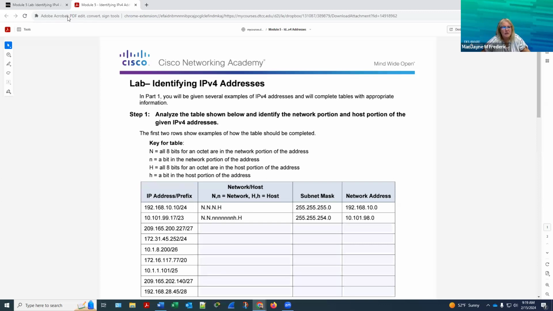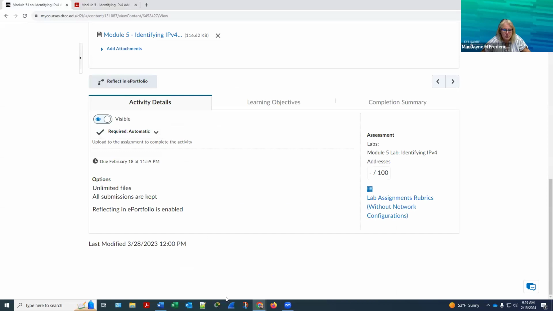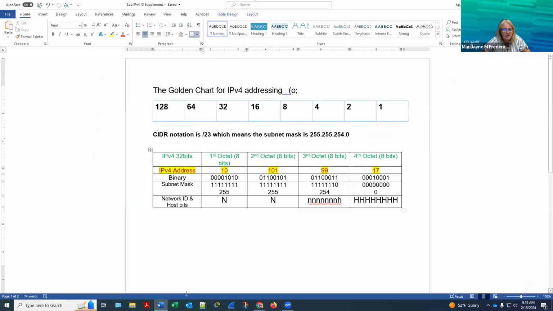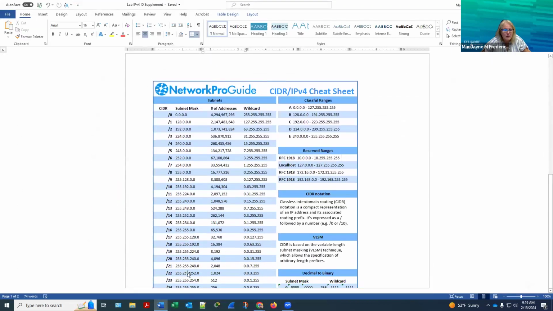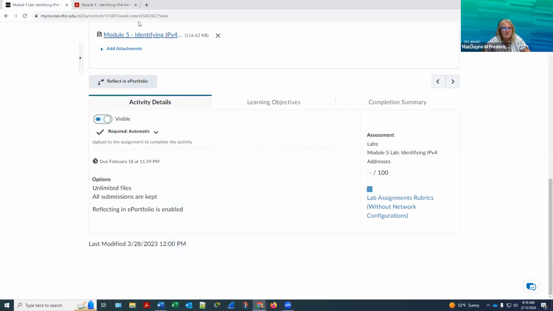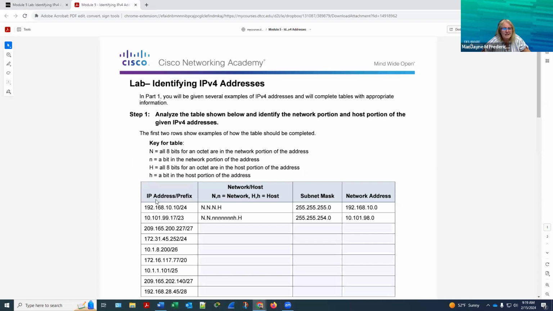And when it says /24, like I was showing you here, can we see it? All right, 256. So that means for this network, we can have 256 devices on this network ID, 192.168.10.